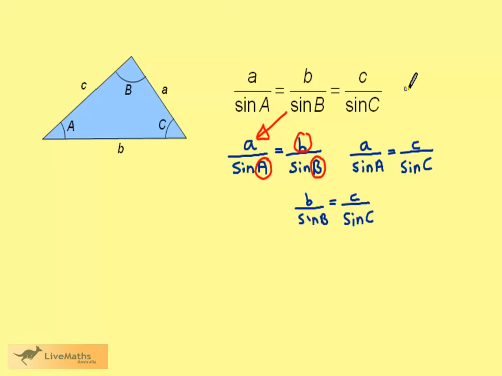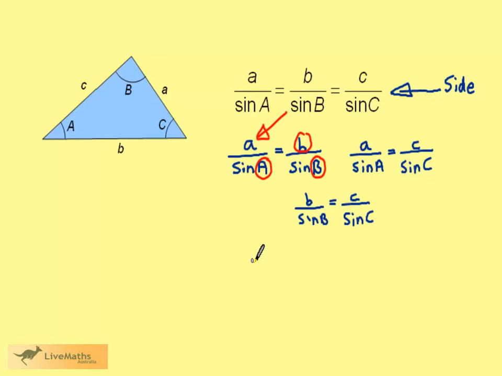Usually on formula sheets, the sine rule is only given to you in one form. Usually this form here. This is very useful when you're working out the length of an unknown side.